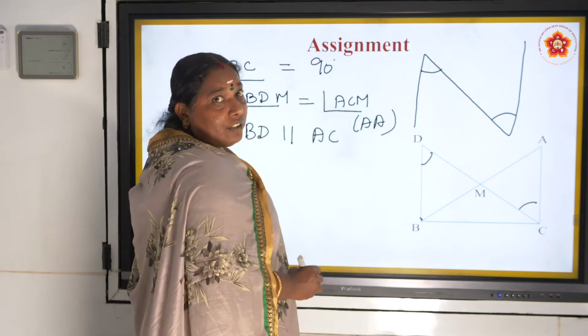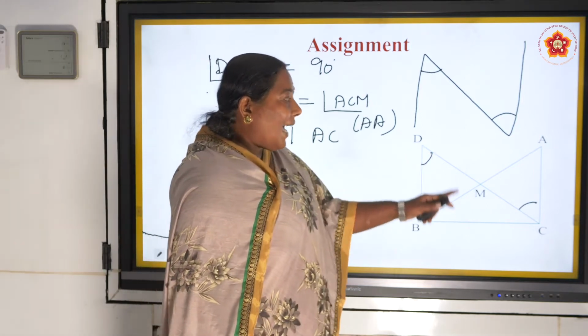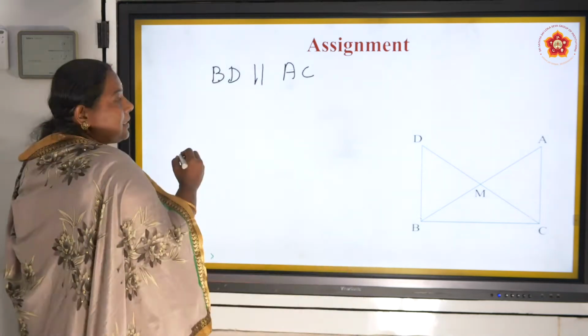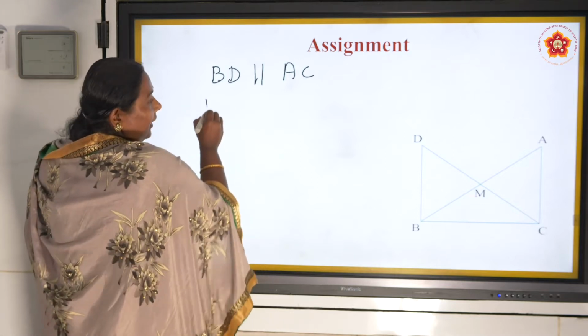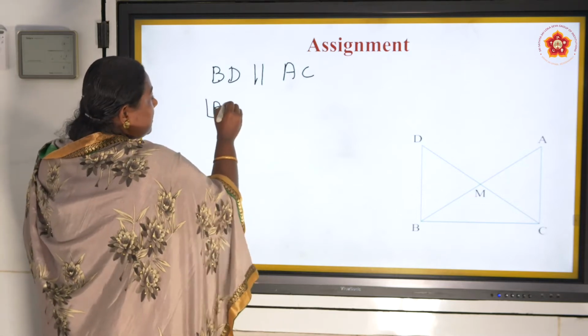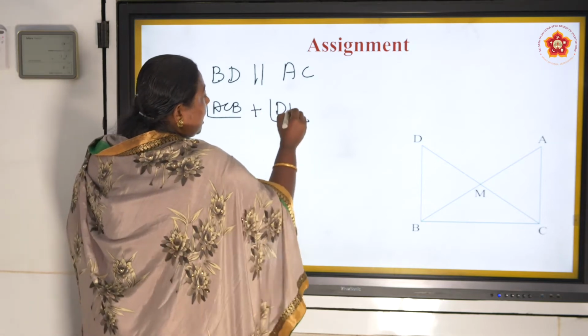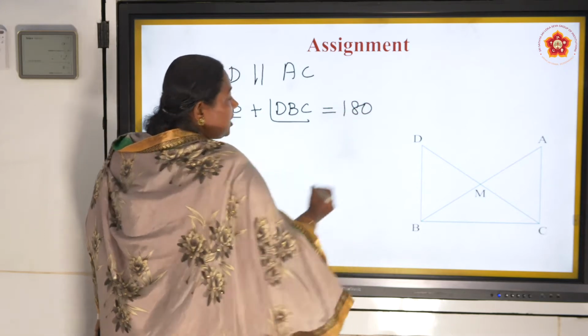So I have reached the point where I am telling that DB is parallel to AC. And next, one more thing. As per the parallel lines theorem, angle ACB plus angle DBC should be equal to 180.